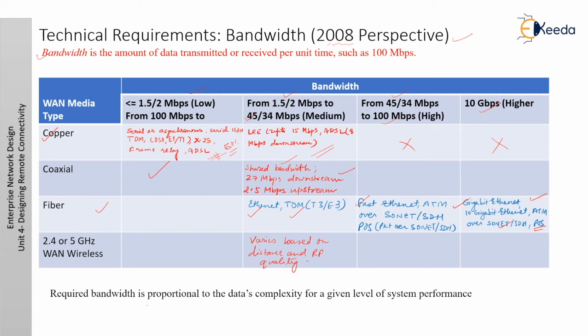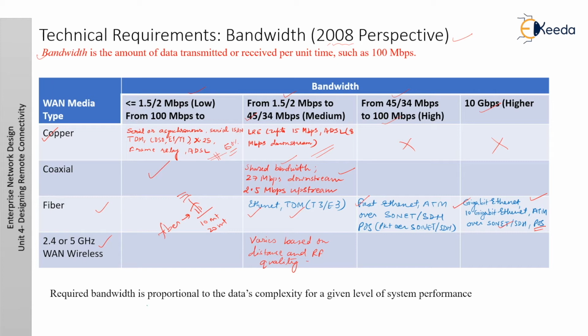Now come to the 2.4 or 5 gigahertz wireless channel. It varies based on distance and radio frequency quality. Sometimes what happens, we plan to install the fiber channel, and this fiber channel is connected with WAN technology. Fine, and this WAN's range is around 10 meters or 20 meters.